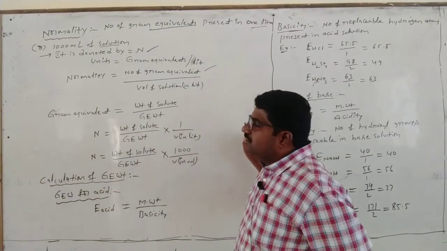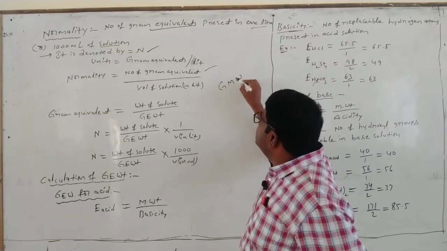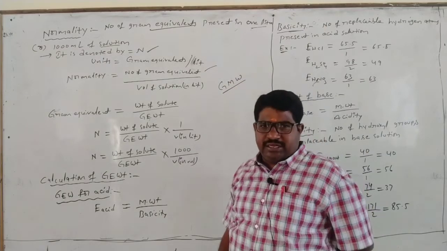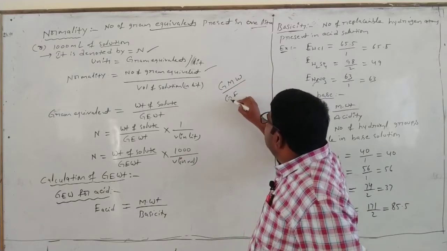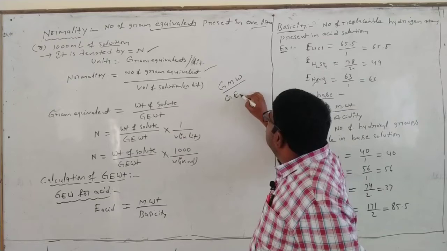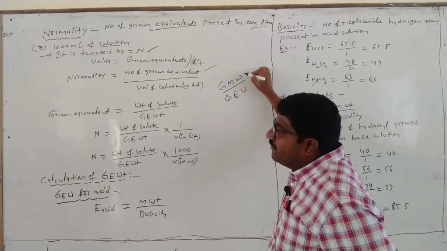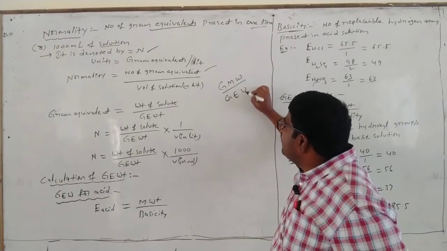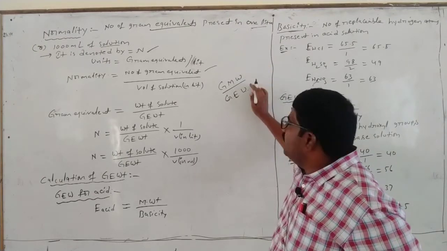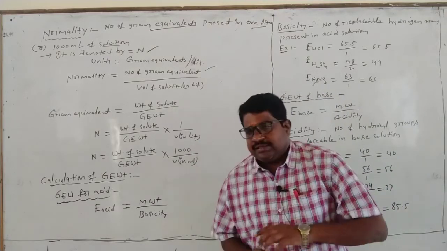Generally GMW means gram molecular weight, but GEW means gram equivalent weight. Gram molecular weight is used in molarity, whereas gram equivalent weight is used in normality. That is the difference; the remaining part is the same.